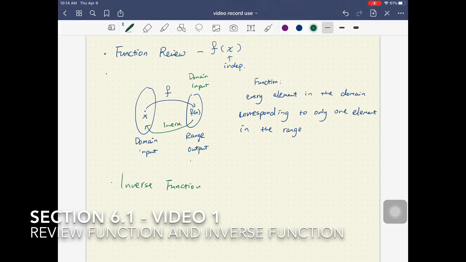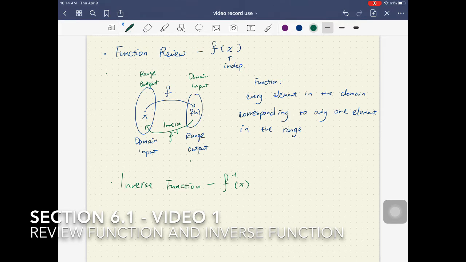The original domain becomes the range, which is the output. And we normally use the symbol f to the -1, which means inverse. The inverse function is also a function, so it also satisfies the same definition: every element in the domain corresponds to only one element in the range.